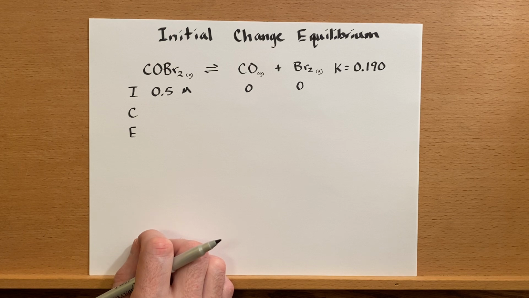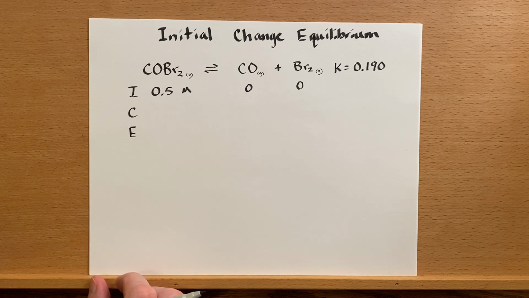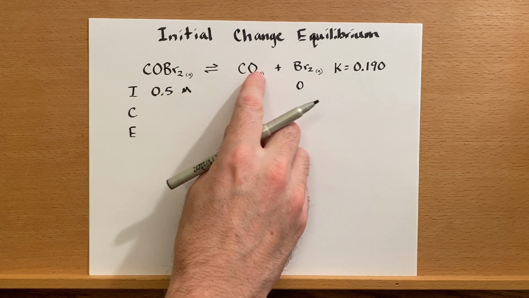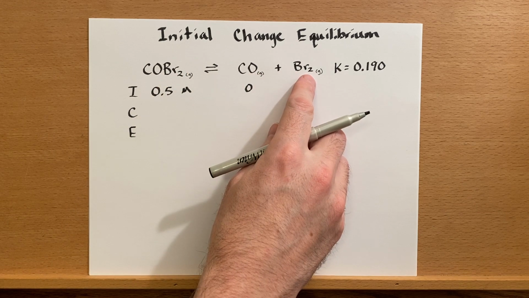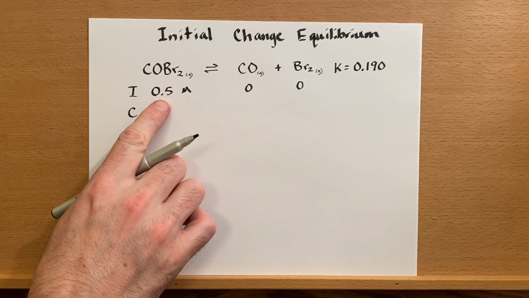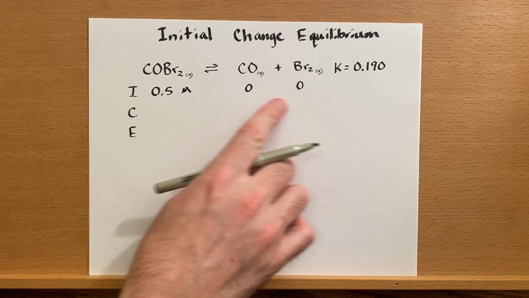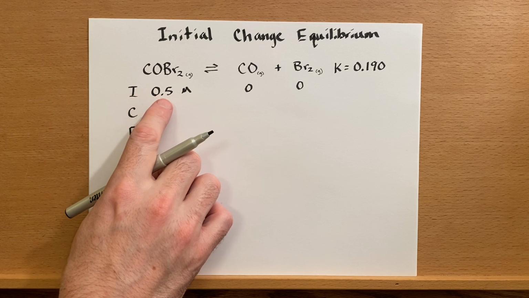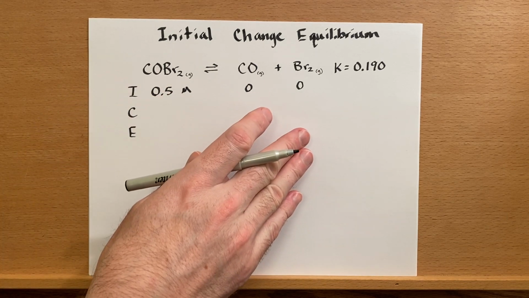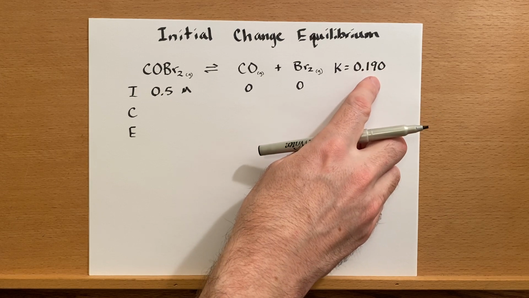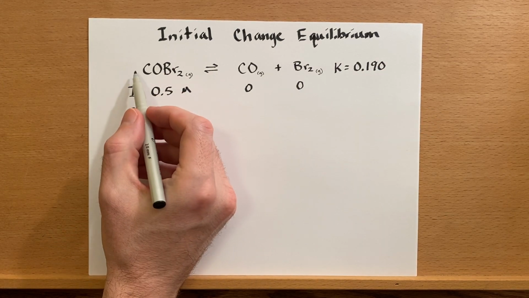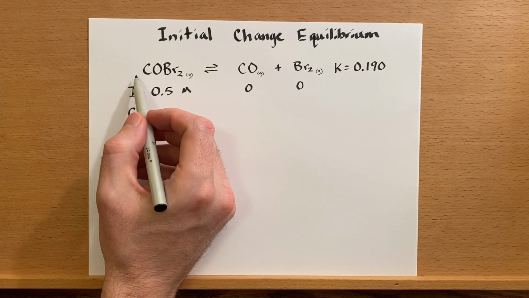Now, for change, we do not know how much of the COBr2 is going to become carbon monoxide and bromine. But we should expect that we will make some products because we have all reactants and we have no products, so we must end up making some in order to get K to 0.19. So we look at the stoichiometric factor here, and there's 1 there.